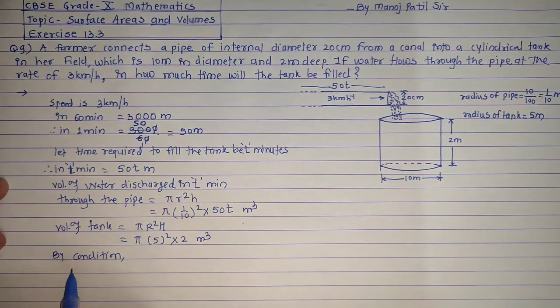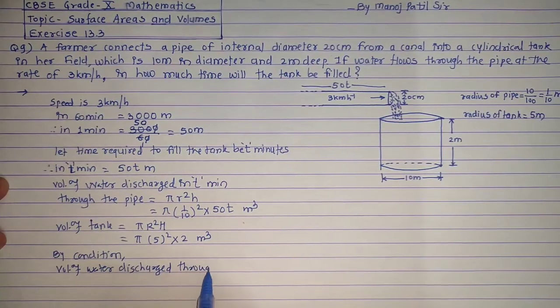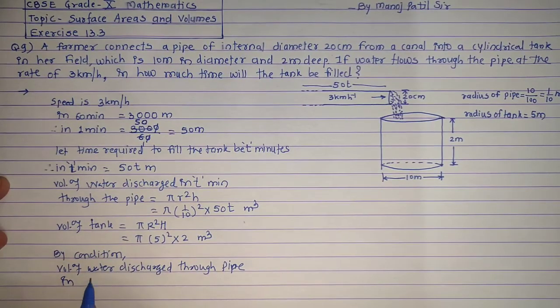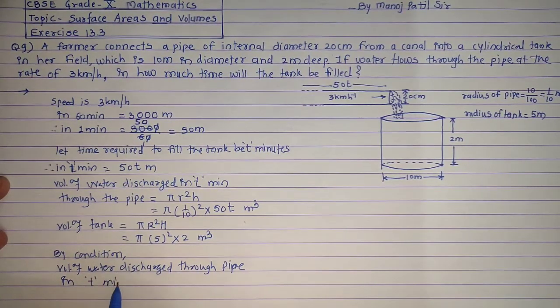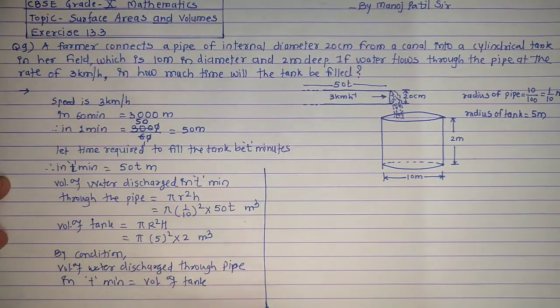So therefore by condition we can write volume of water discharge through pipe in t minutes is equal to volume of tank. This we can write by using the condition.